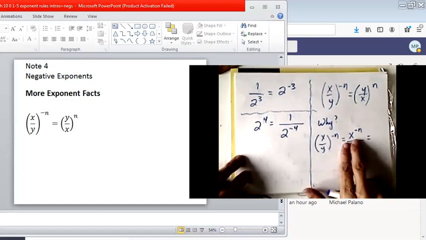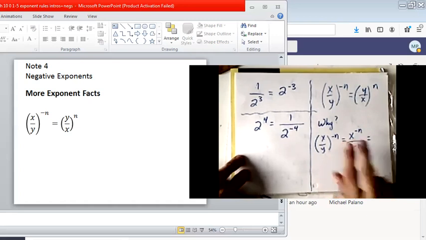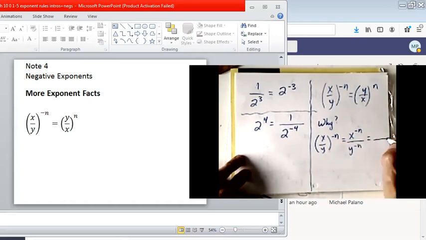Looking at the top, we can move it down to the bottom. And when we do that, the exponent changes from a negative to a positive. So we get x to the plus n, from the top to the bottom, positive exponent now.